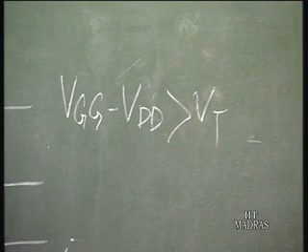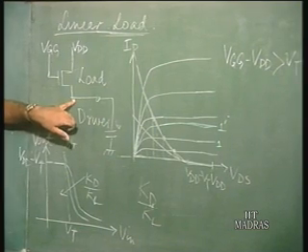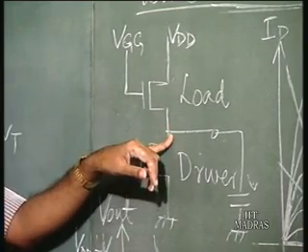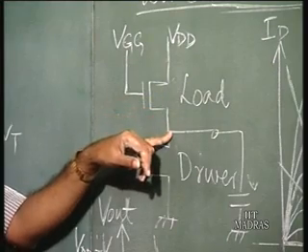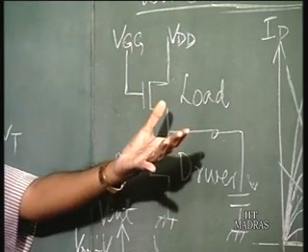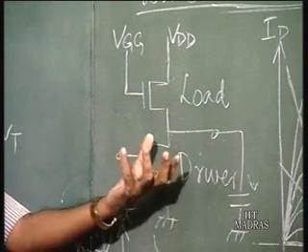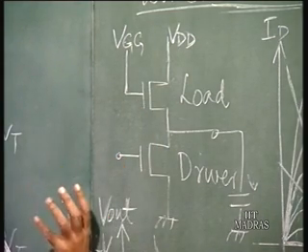That is, what you are going to have is that, see, this transistor, the gate to source voltage is always going to be greater than the drain to source voltage by more than VT. So VDS is always going to be less than VGS minus VT.